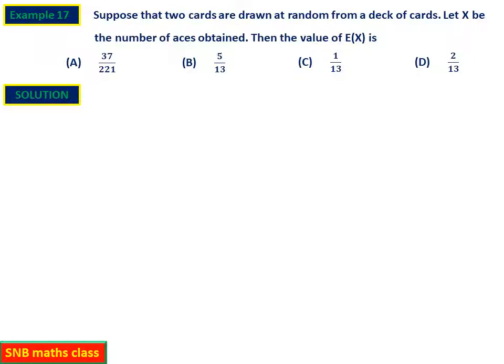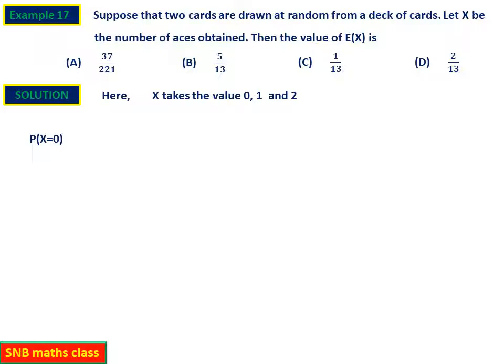So here also we have to understand the question carefully. What x can take is 0, 1, 2, because two cards are drawn and we count the number of aces obtained. Four aces are there in total, but we are taking two cards. Therefore there may be no ace, one ace, or two aces. So x can take 0, 1 and 2.